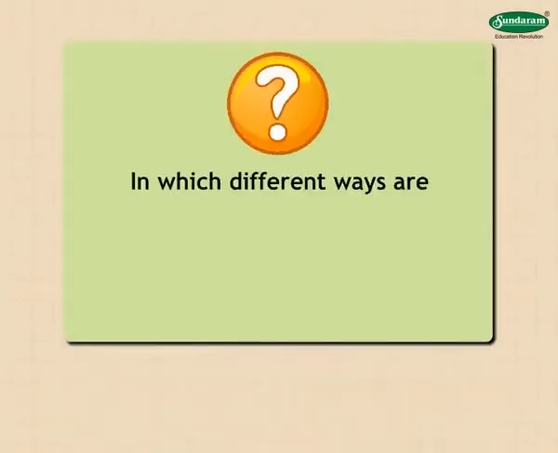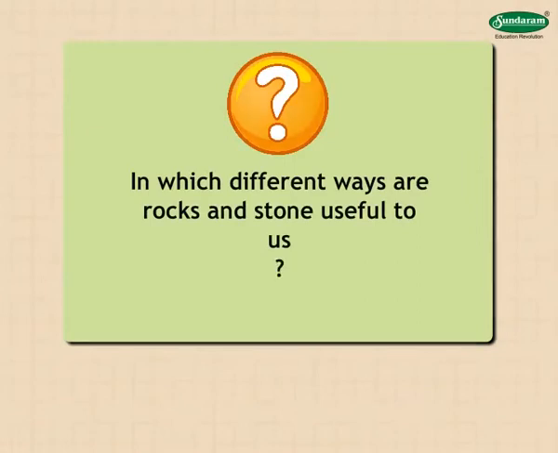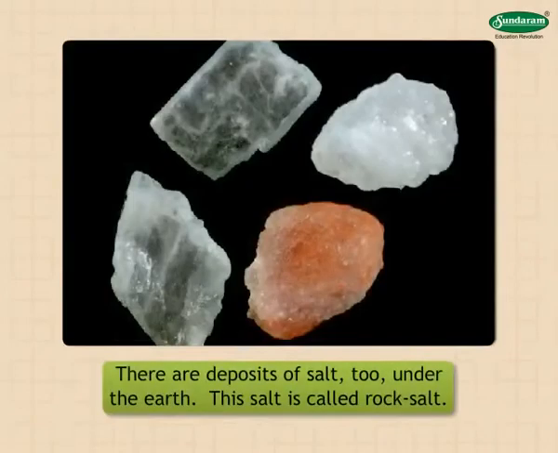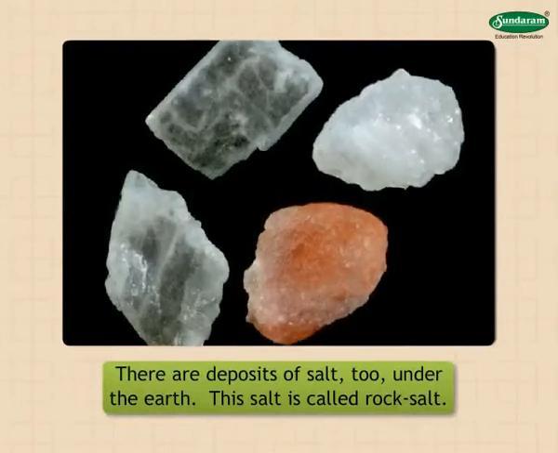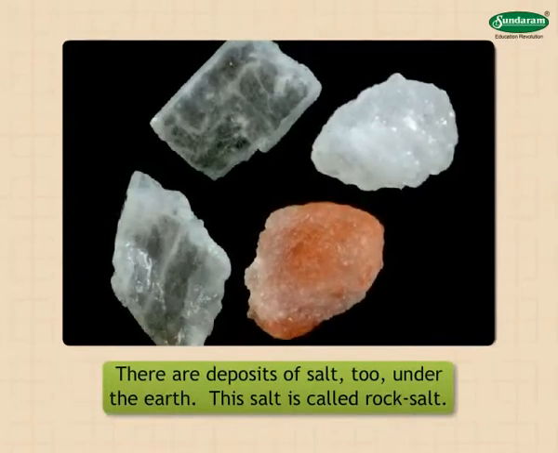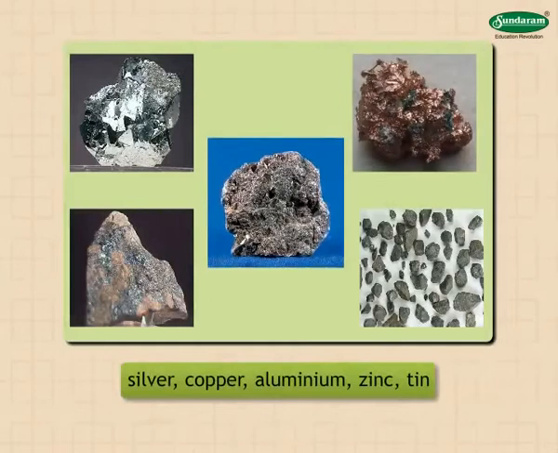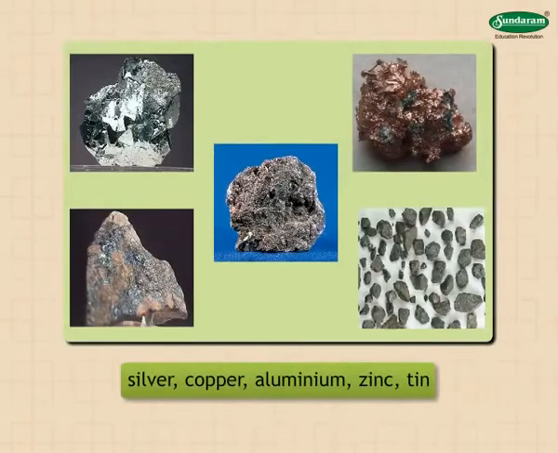In which different ways are rocks and stone useful to us? There are deposits of salt too under the earth. This salt is called rock salt. Ores are refined to obtain metals like silver, copper, aluminium, zinc, tin, etc.